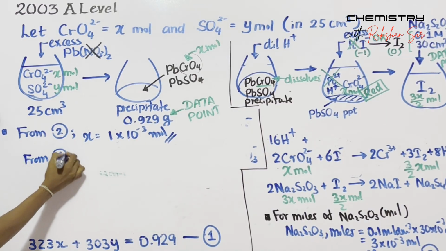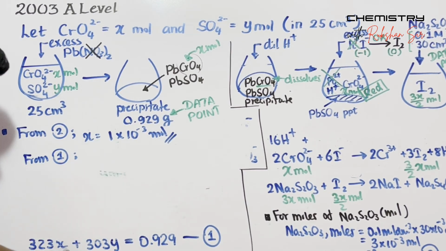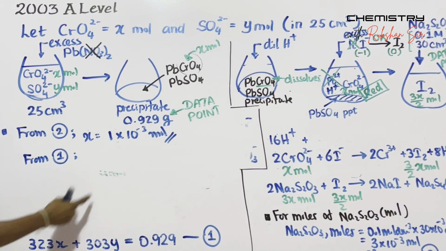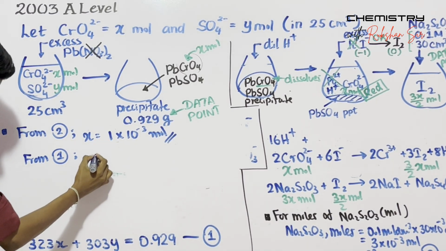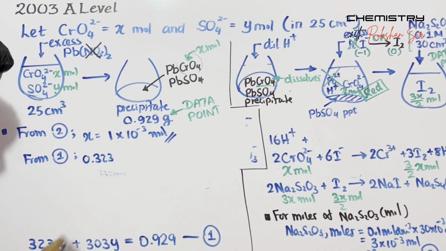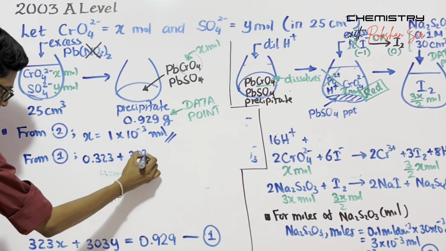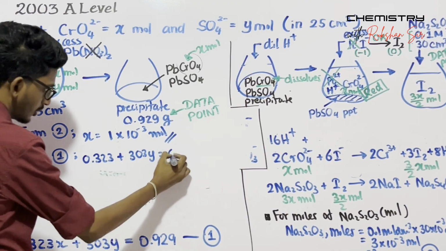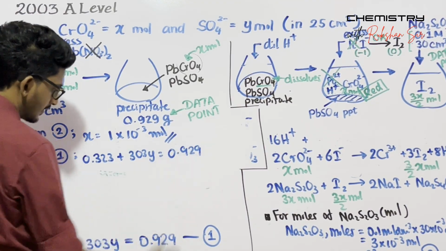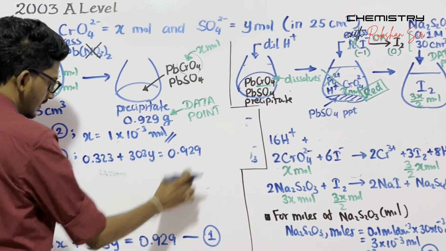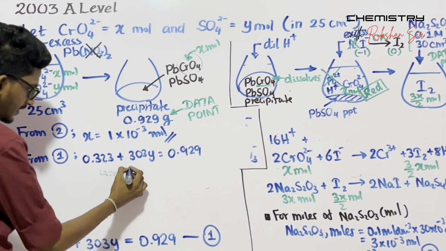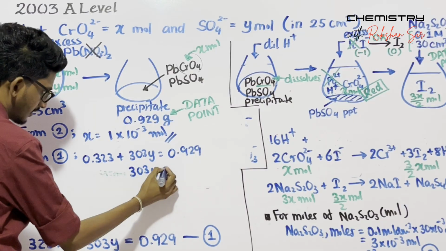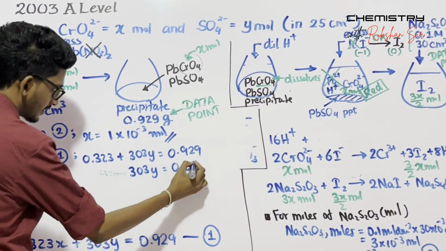From equation 1, applying this value here, we'll multiply this value with 1 into 10 minus 3. That means that is 0.323, that plus 3y is equal to 0.929. Then 3y is equal to 0.606.